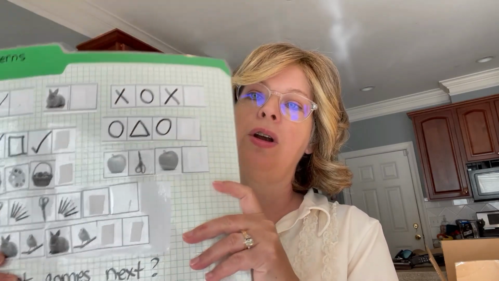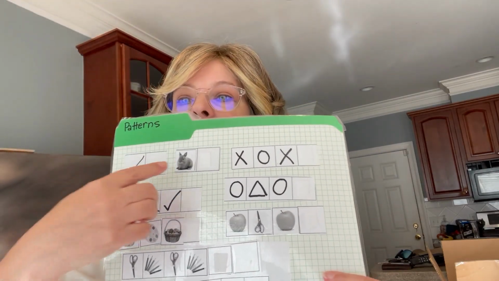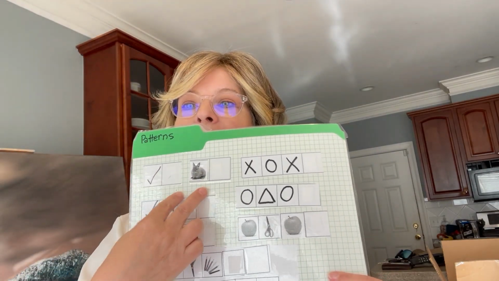Okay, another thing that I did is something called patterning cards. And I got some of these materials from MontessoriForEveryone.com. Some of it I just hand wrote, but anyway. So this is for patterning. And what it starts out with is just having the student do a couple of items that are just matching.